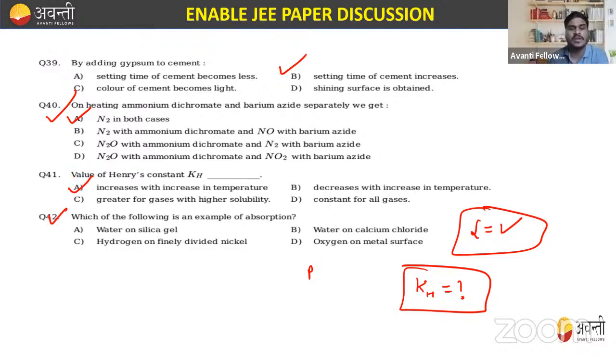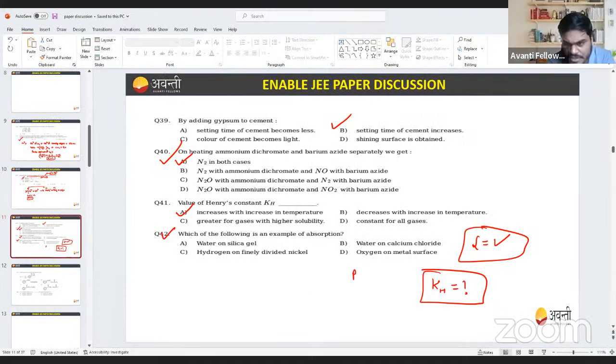Which of the following is an example of absorption? This is from surface chemistry, and you need to write the correct option. Which of the following is an example of absorption?